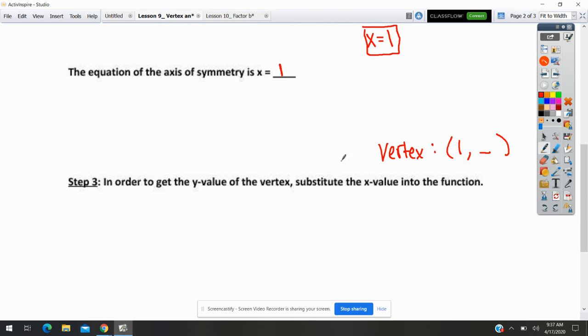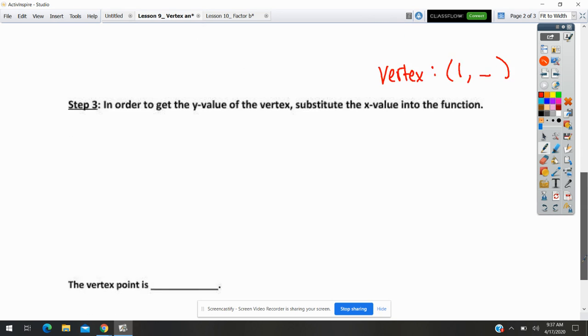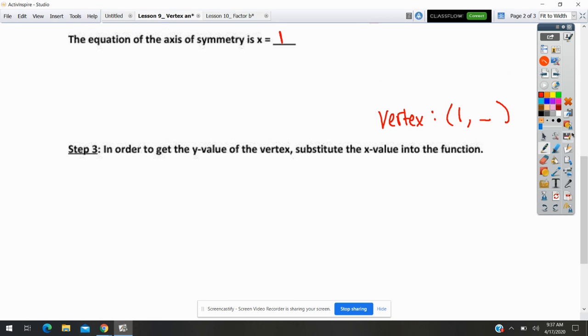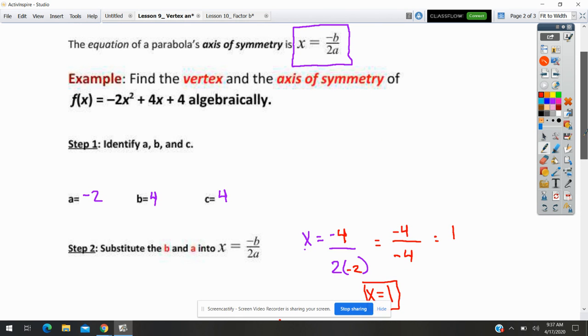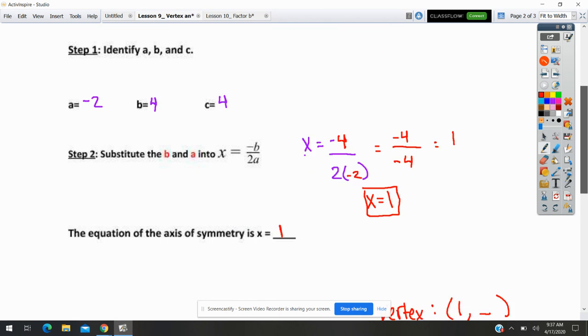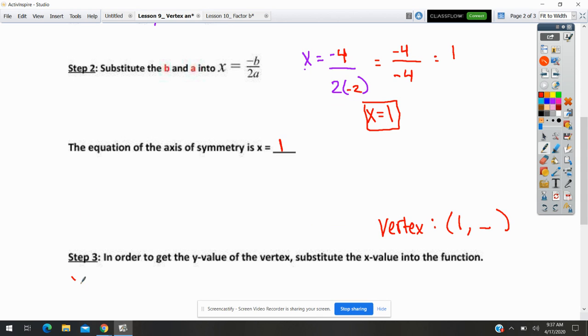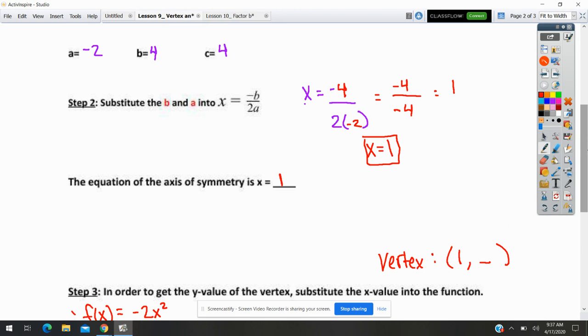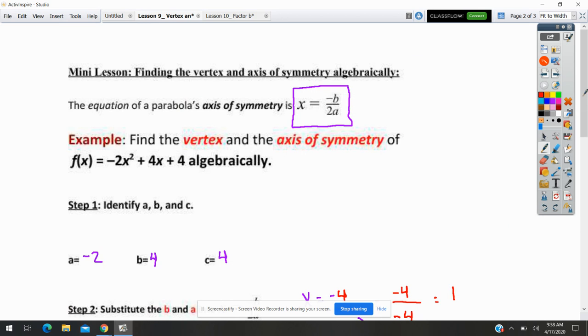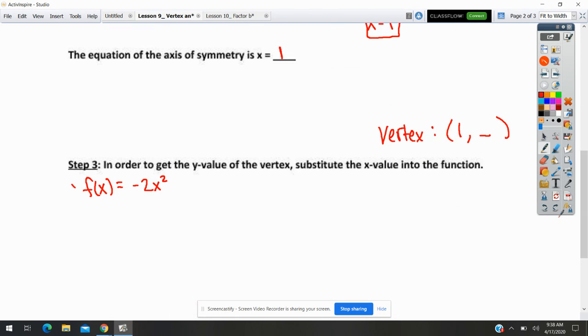In order to get the y value of the vertex, we would just substitute this x value into the function. So I'm just going to rewrite the function here. It's f(x) equals -2x squared, I think it's plus 4x. I should have written that down there. Plus 4x plus 4.